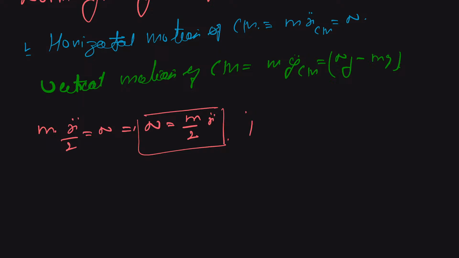And from the second part we can write m times the double derivative of y divided by 2 is equal to NF minus mg.